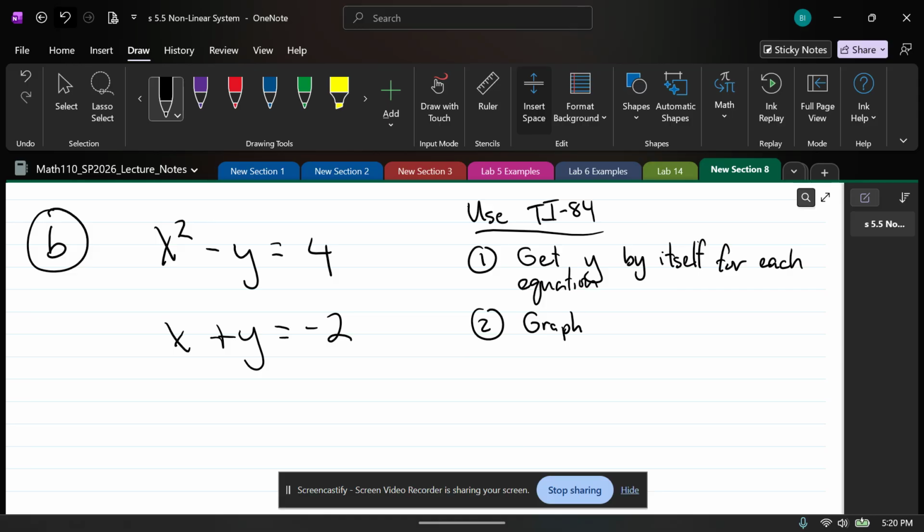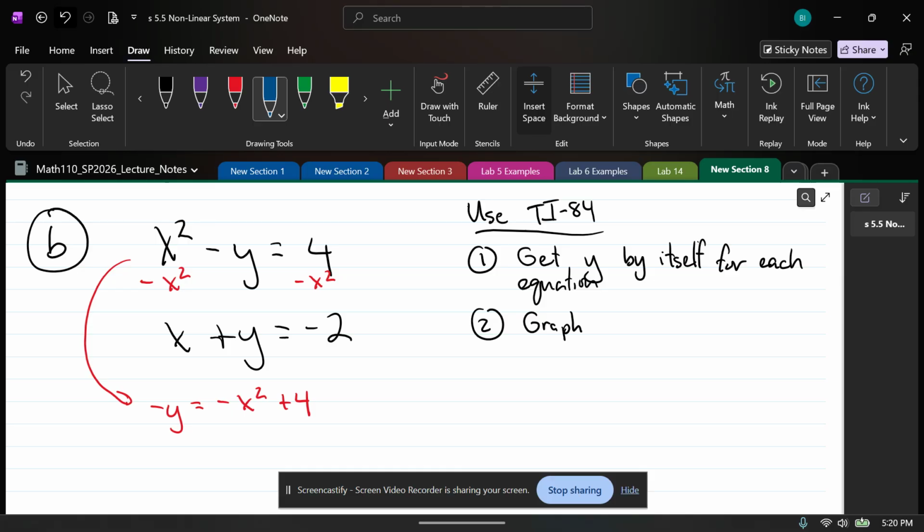Okay. So first equation, what do I do to get y by itself? I'm going to subtract x squared. That's going to give me negative y equals negative x squared plus 4. y is not completely by itself yet.